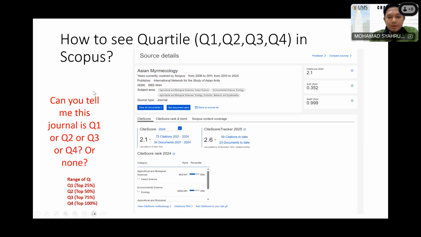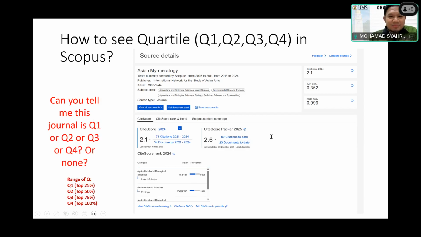Okay, that's how we determine it. Yeah, it's Q2 or Q3. Both are correct. If your paper is in the category of Insect Science, it is Q2. If your paper is more about ecology, it belongs to Q3.